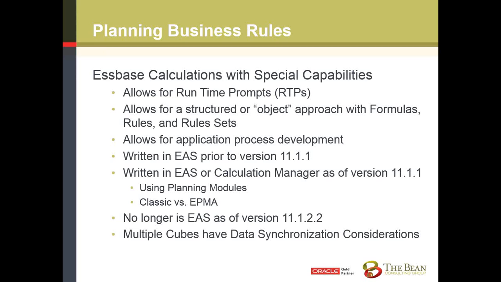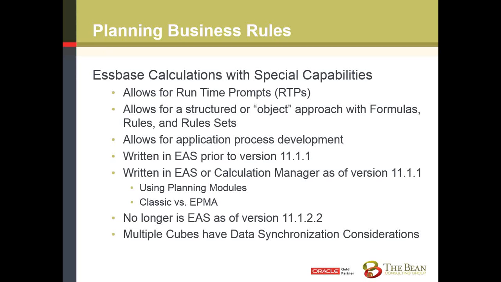Prior to version 11.1.1, all of your business rules were written just in EAS, in the business rule manager portion of EAS. After 11.1.1 and up to the 11.1.2.2 version of Planning, you had the option of picking whether you wanted to use EAS or Calc Manager.